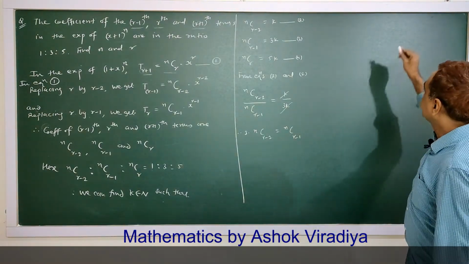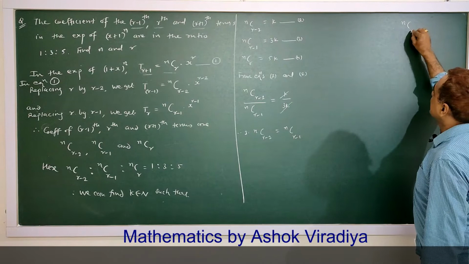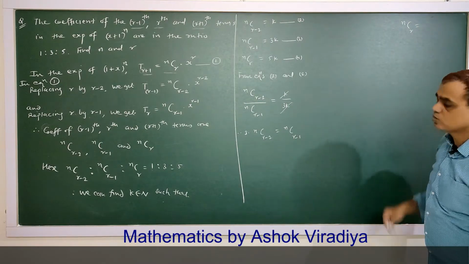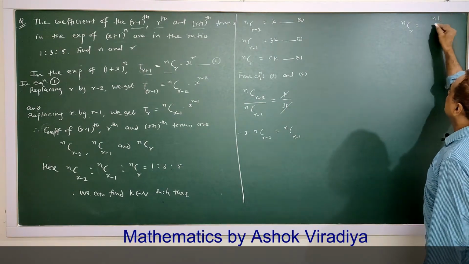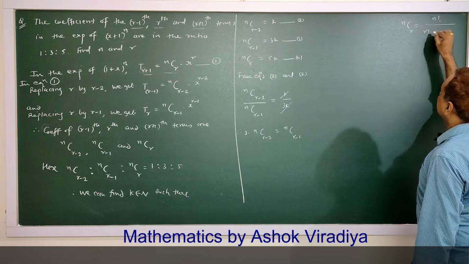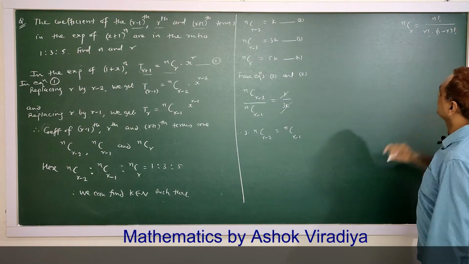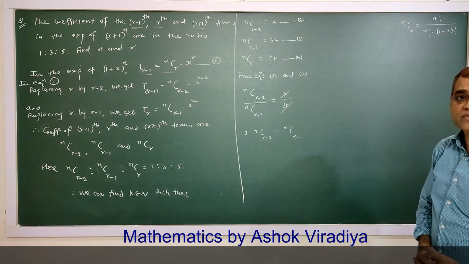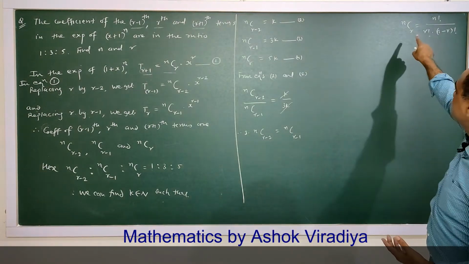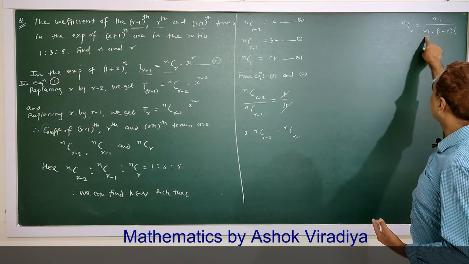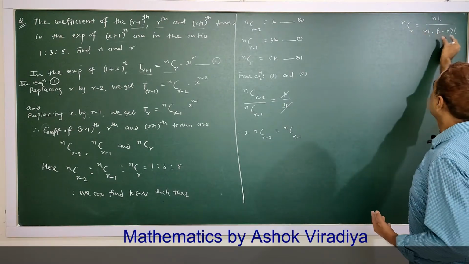Now we have the result that nCr is equal to n factorial upon r factorial into (n minus r) factorial. We know this result: nCr is n factorial upon r factorial into the difference factorial.